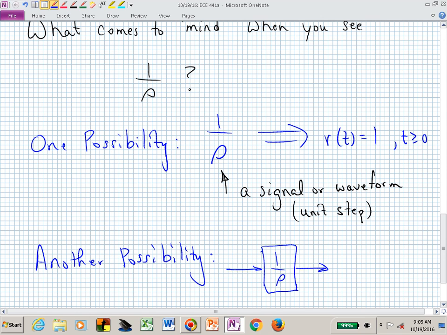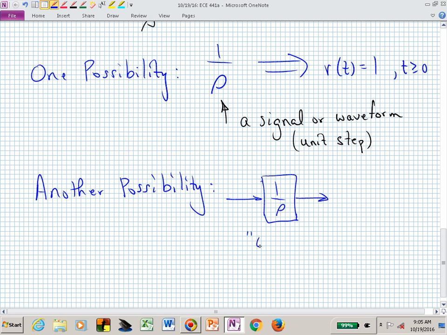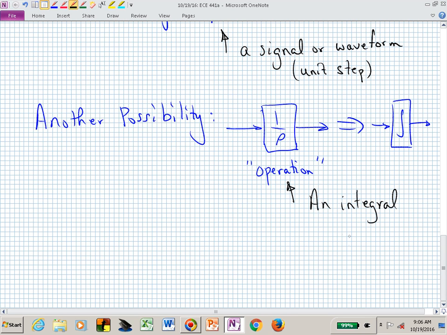And in that case, this operation in the time domain, since it's division by s, is an integral operator, or an integral operation.